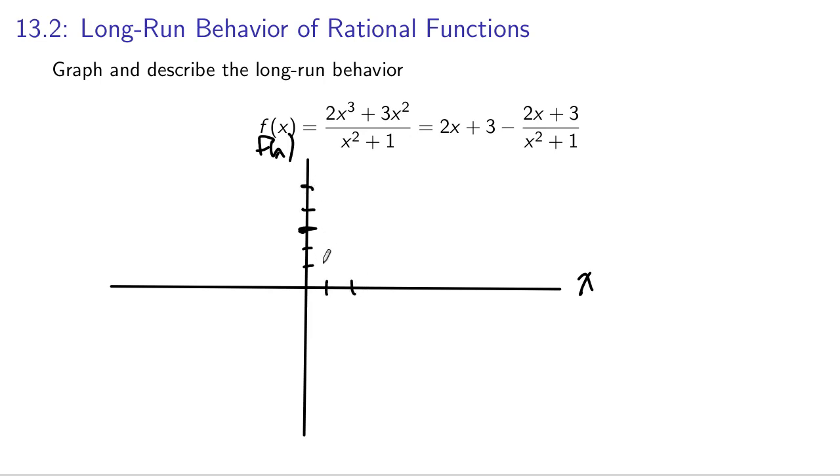Okay, so for every 1 in x it's going to go up 2, or down 2. So the dotted line that we're approaching is going to look like this. If we use a ruler, we'll get a real line.